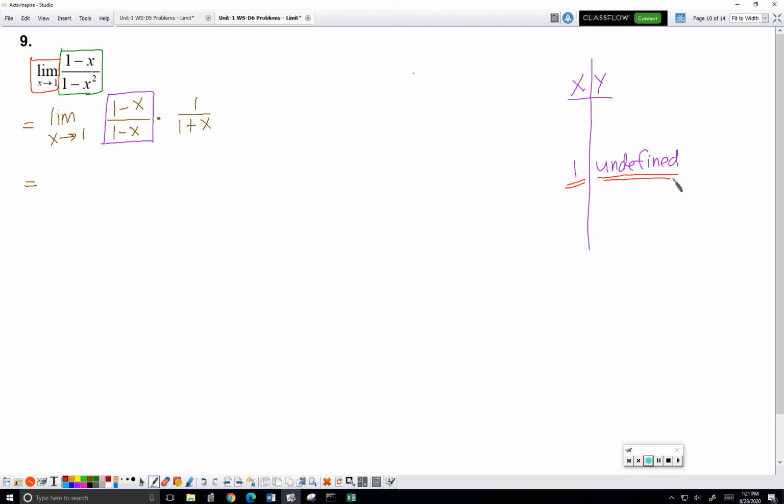But to find the limit, we want to do what you said, Ryan. We want to have x be close to 1, which means this can be 1. So we can come here and say this is the limit as x approaches 1 of 1 all over 1 plus x.